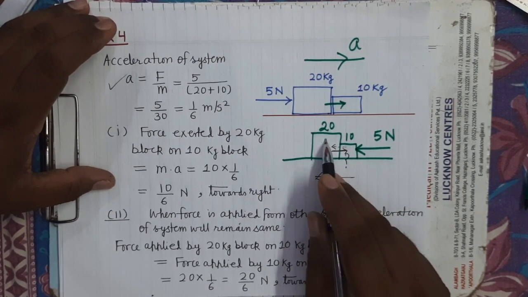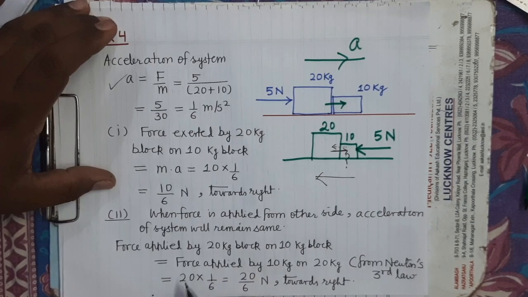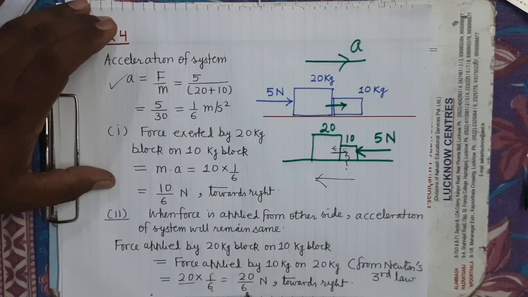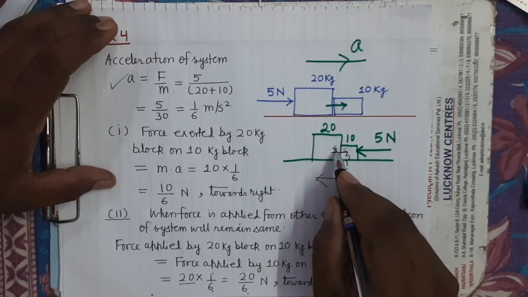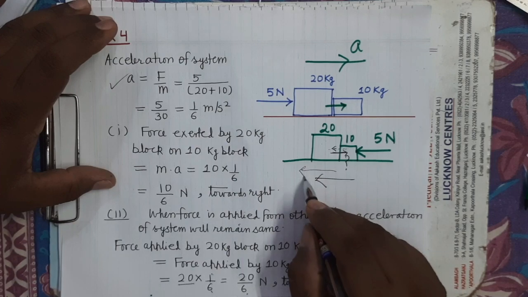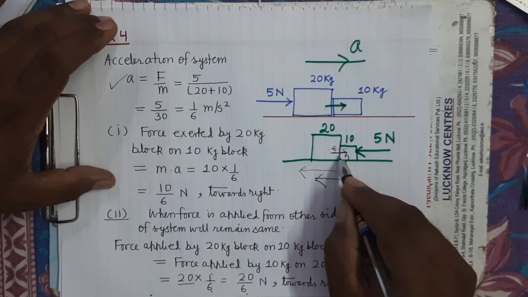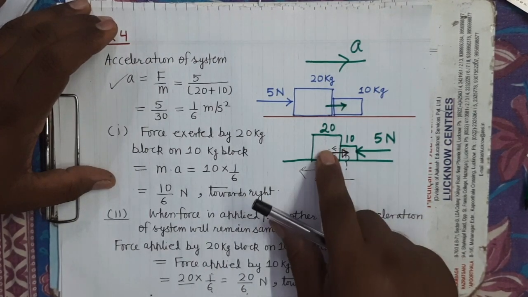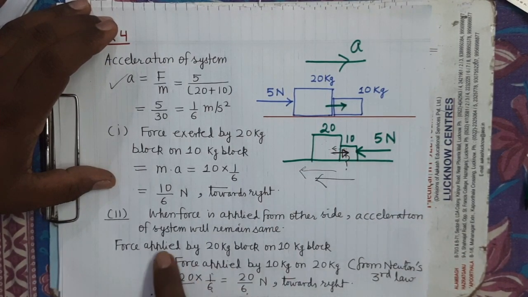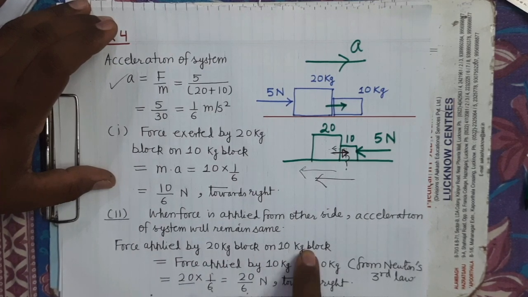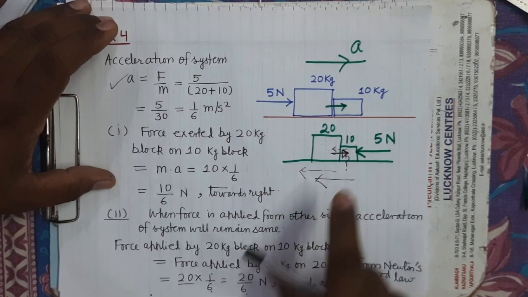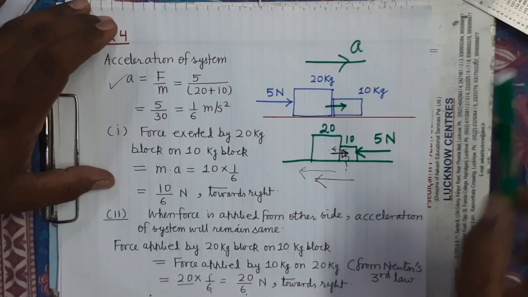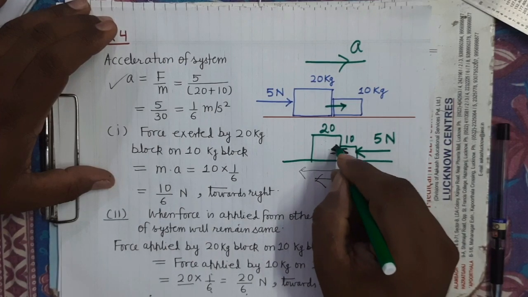Now how much force is exerted by 10 on 20? Its mass 20 into its acceleration 1 upon 6, that is 20 upon 6 Newton. This force is acting in the left direction. But you have to determine the other one. So from Newton's law of action and reaction, the force applied by the 20 kg block on the 10 kg block will be equal to the force applied by the 10 kg block on the 20 kg block, shown by the dotted line, here by red pen.